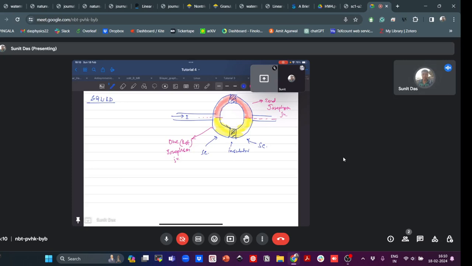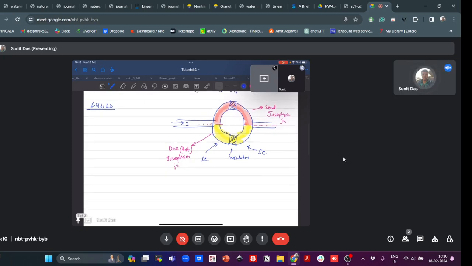Now again, similar to the previous case, we'll apply a magnetic field to the junction. Let's say we have applied a magnetic field B which points inward to the sample. And we assume that there is a phase difference between the wave function on each side of the superconductor.